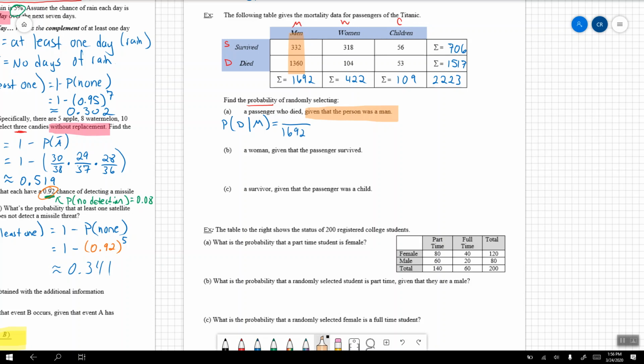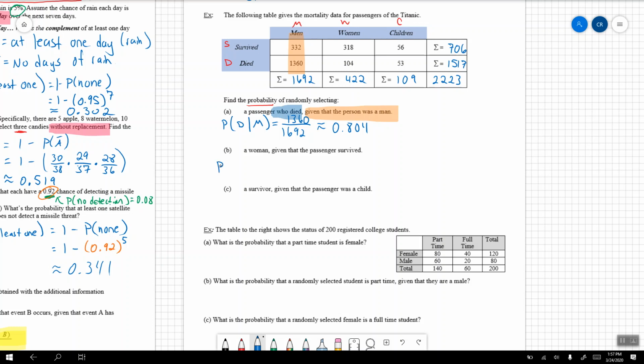And that's the second probability that we want to observe here. So we're going to look at all of these values. How many of those men died? That is 1,360. So this probability is 1,360 divided by 1,692. Roughly gives you an estimation of 0.804.